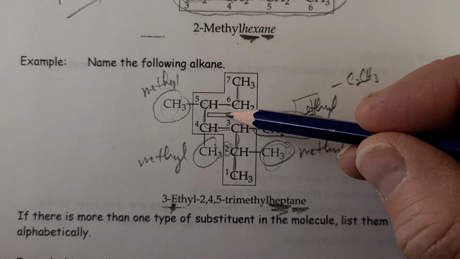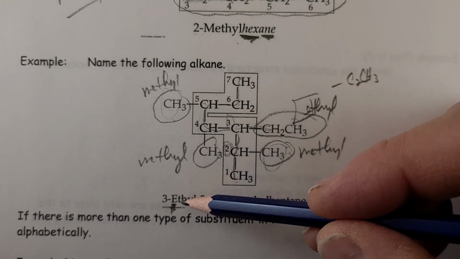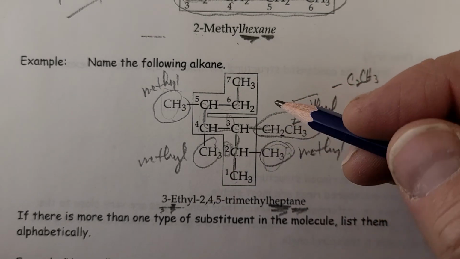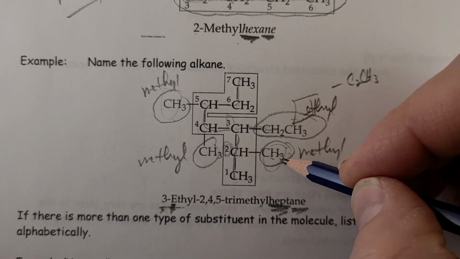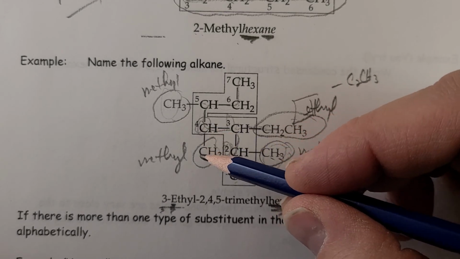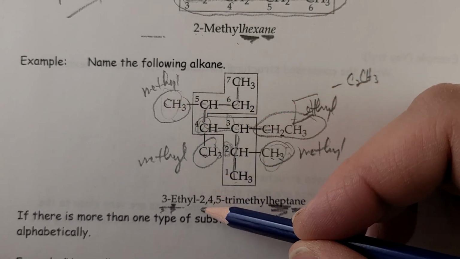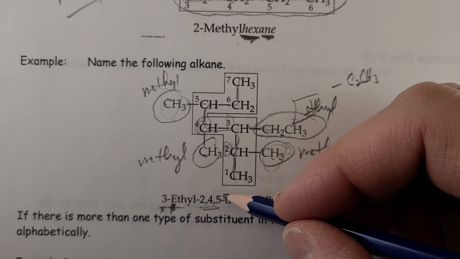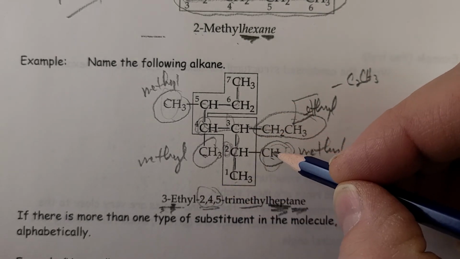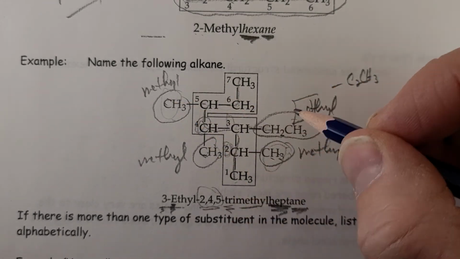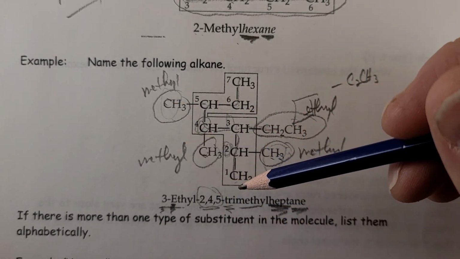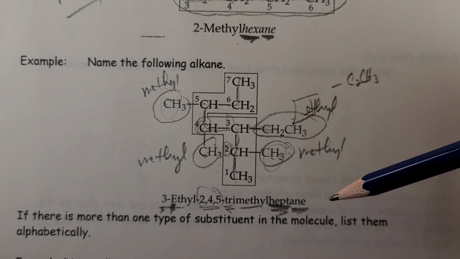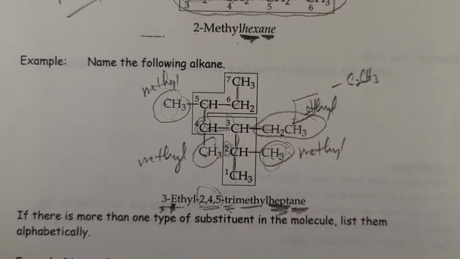At carbon number 3 is where I have my ethyl attached, so that's why I have 3-ethyl. And then at positions 2, 4, 5, I have methyls. To reinforce the idea that I have 3 of them, 1, 2, 3, I use the prefix tri. So 3-ethyl-2,4,5-trimethylheptane.